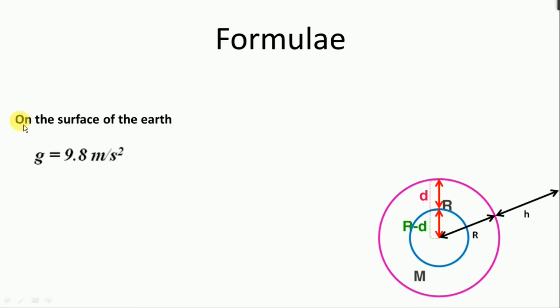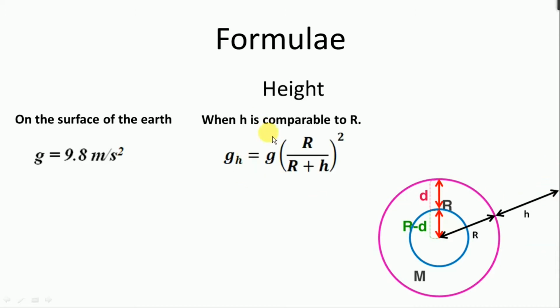Acceleration due to gravity on the surface of the earth is constant. The value is 9.8 meter per second square. Anywhere on the surface the acceleration due to gravity is 9.8 meter per second square, and at some height from the surface of the earth the formula will be gh = g (R/(R+h))².